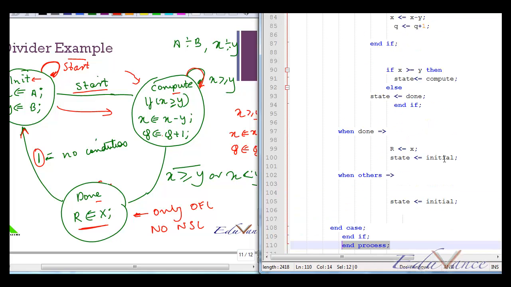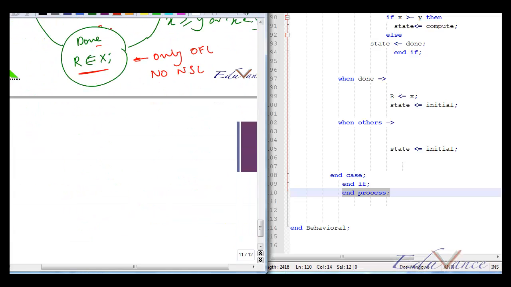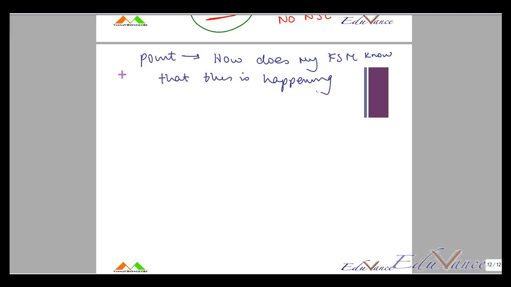We looked at this divider example as part of the example. Now, one very important point: how does my FSM know that this is happening at the edge of the clock?